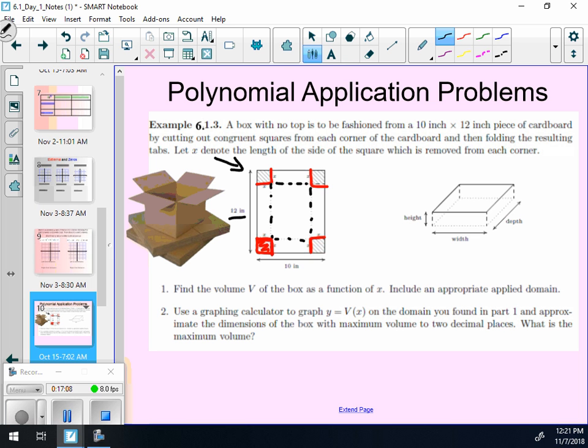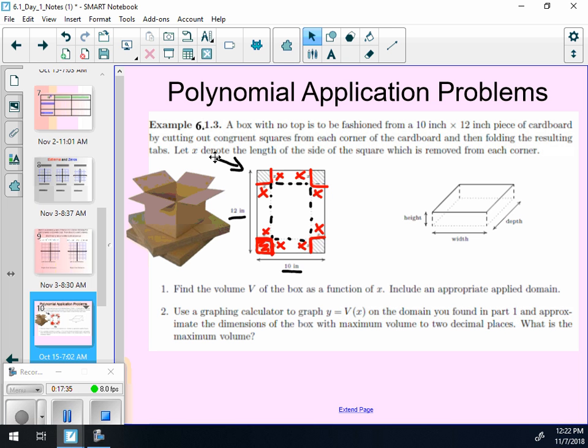On this side we have a length of 10 inches. But we don't know right now how much we want to cut off for each of these small squares. So we're just going to call it some value x. And since we want them to be squares, that means that you have the same length on each of these sides. So they're all x.